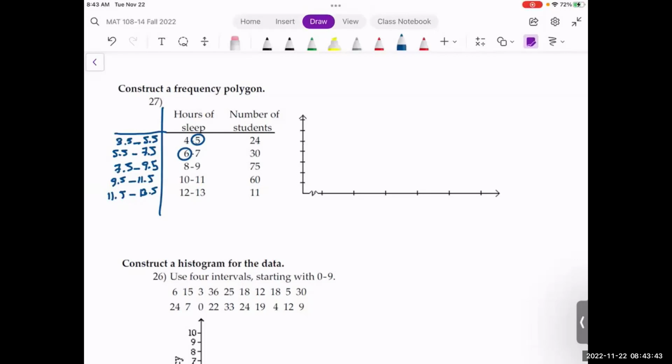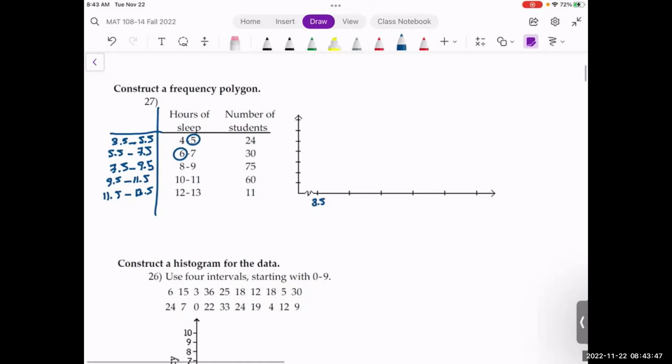So what I can do, I can start with 3.5 here. I end at 5.5, and then start at 5.5, I end at 7.5, and then so forth. 9.5 here. This is going to be 11.5, and this is going to be 13.5. Are we okay? You understand what I'm trying to do?